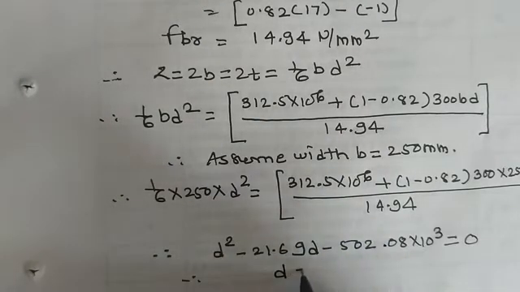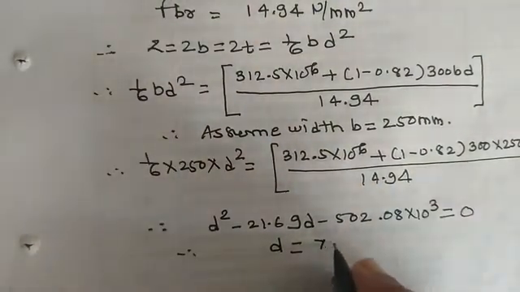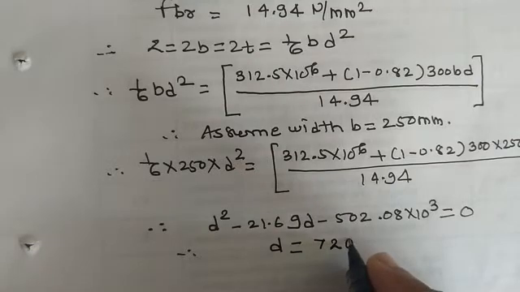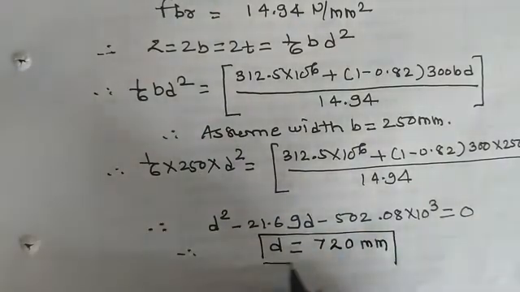The solution of this quadratic equation is 720 mm. So we get the depth of beam is 720 mm.